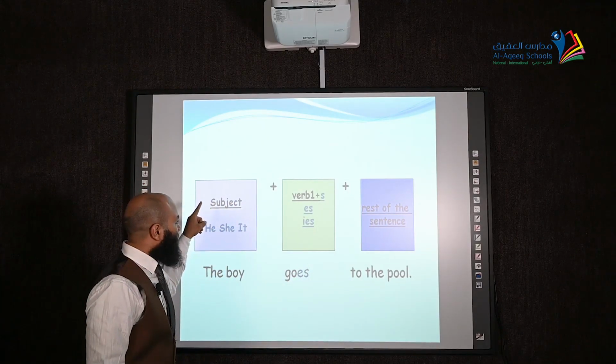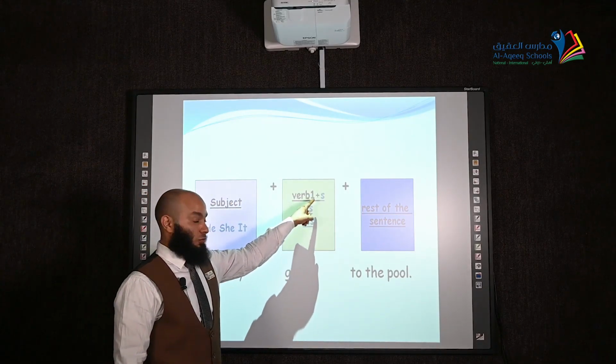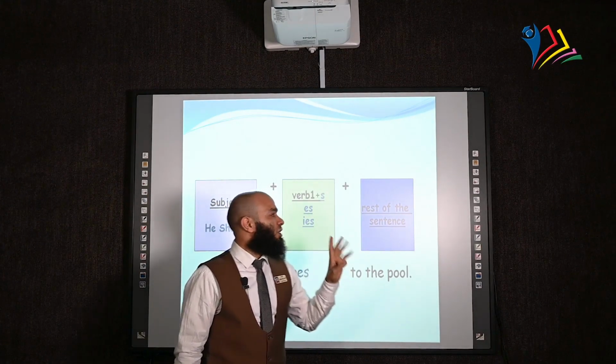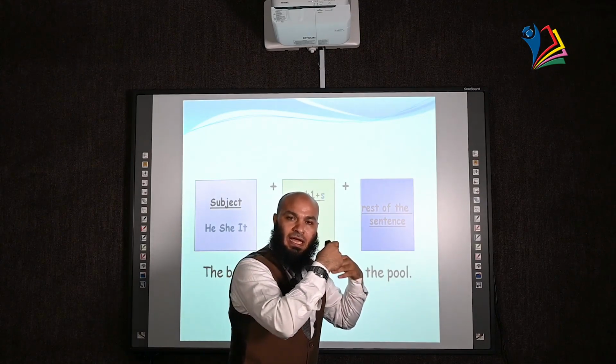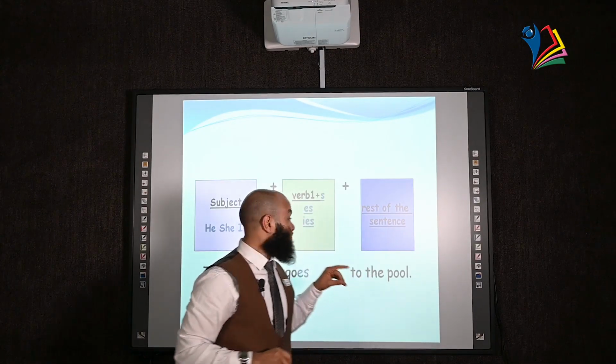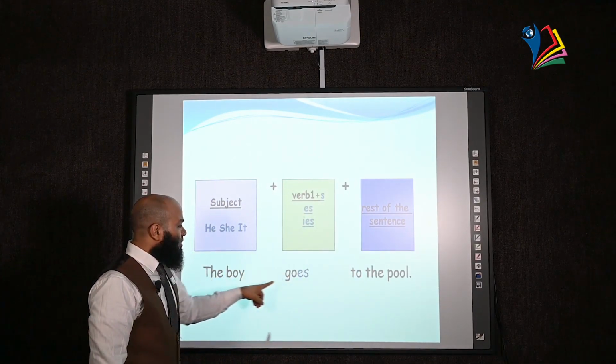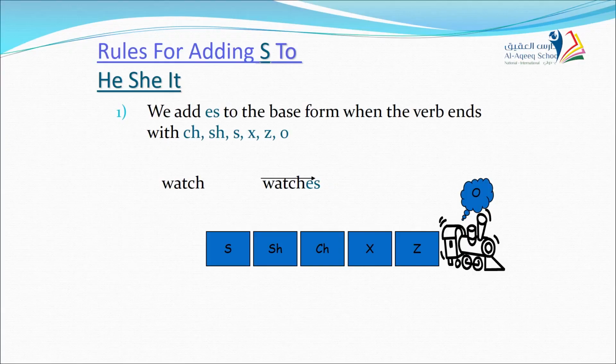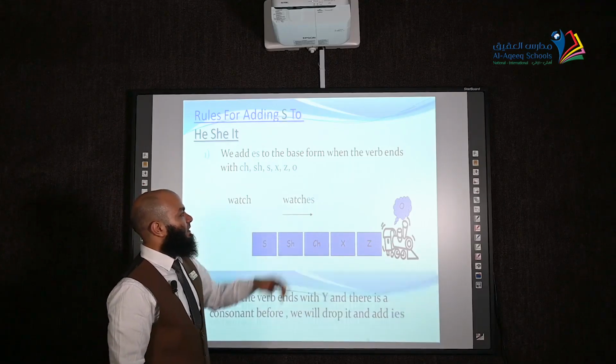So we put subject plus the verb. We add these suffixes to the verb, and then the complement. She works at a school, at a company, whatever. The boy goes to the pool. Have a look now. If the verb ends with S, SH, CH, O, or X, we add what? Yes, ES.